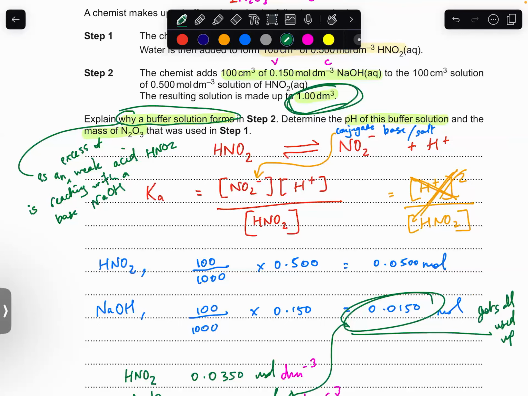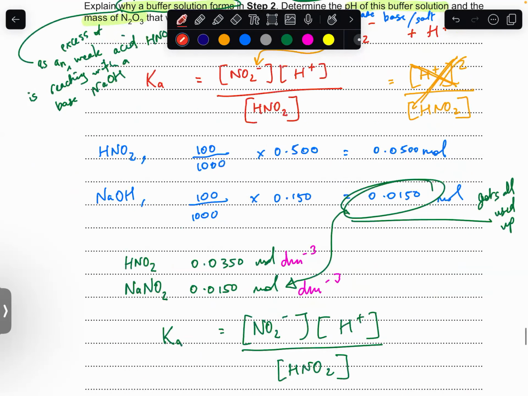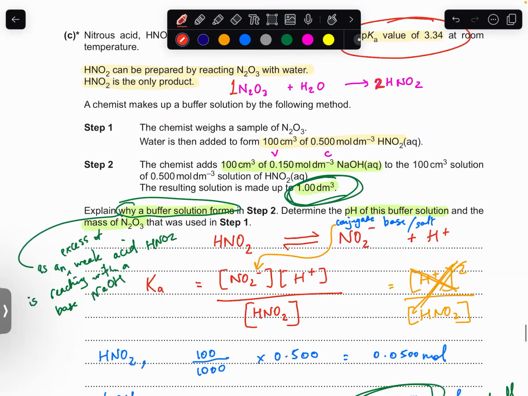Good. Now, going back to our Ka expression, Ka equals NO2 minus, H plus over the weak acid, which is HNO2. And you see, we plug in pKa is given in the question of 3.34.